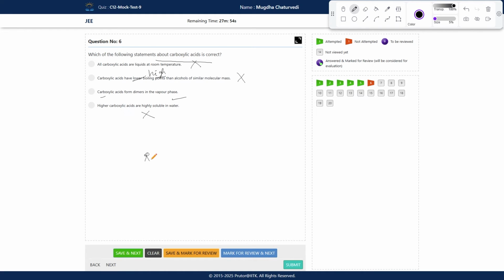If you look at the structure of carboxylic acids, this is one molecule of carboxylic acid, and here I am taking another molecule of carboxylic acid. This has a double bond O. It exists in the form of a dimer in the vapor phase. There are two hydrogen bonds happening.